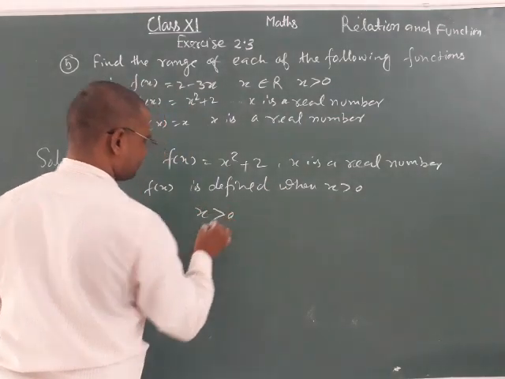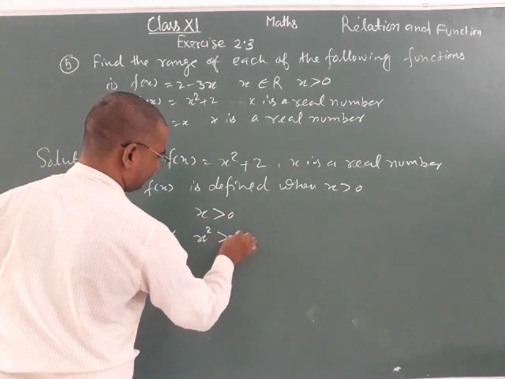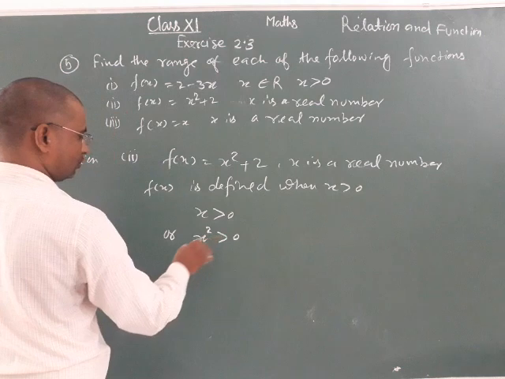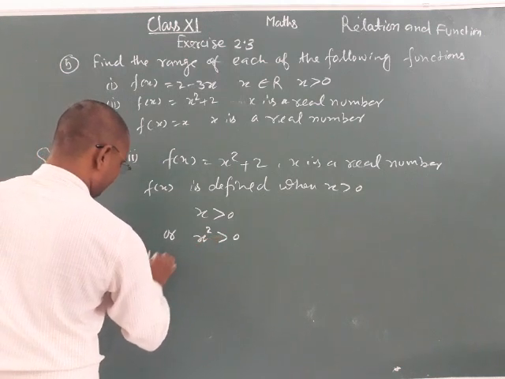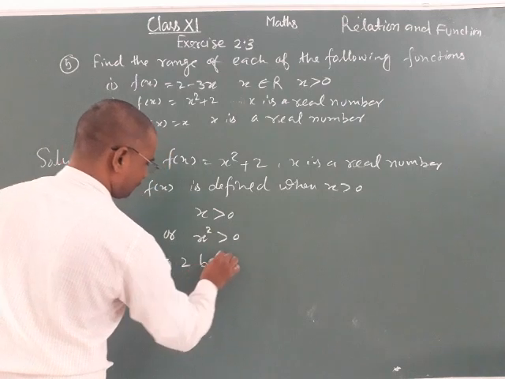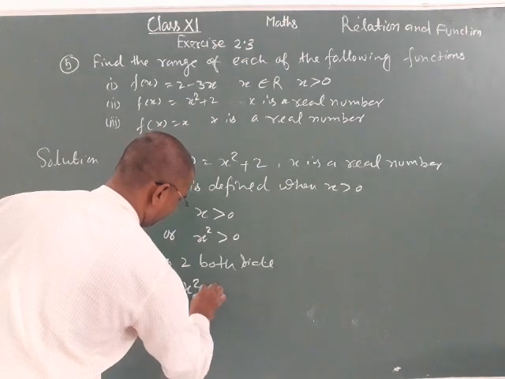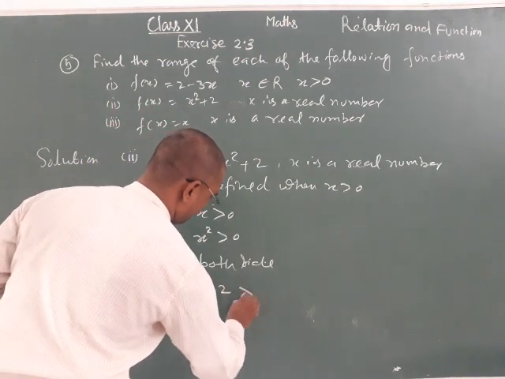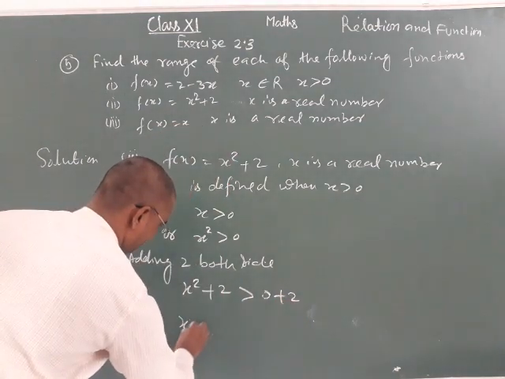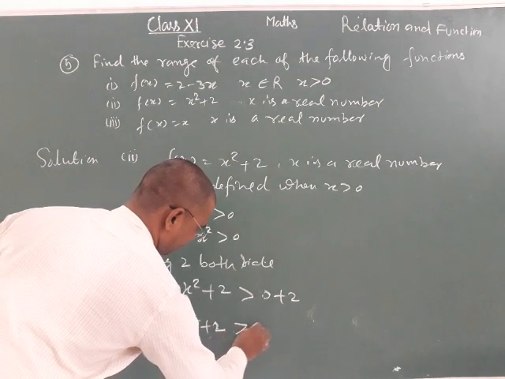Squaring both sides, x square greater than 0, or adding 2 to both sides, x square plus 2 greater than 2.